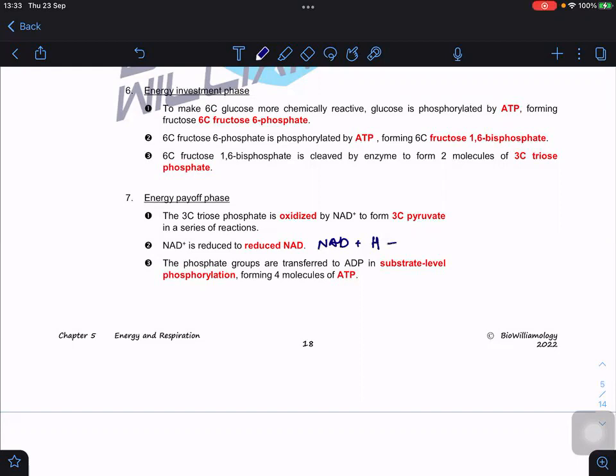When it receives the hydrogen atom, it becomes reduced NAD. And a total of 4 molecules of ATP are formed by substrate level phosphorylation. But what's the net gain? The net gain is only 2 because we spend 2.